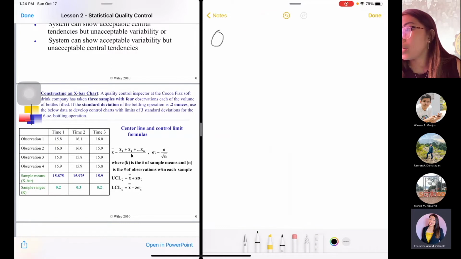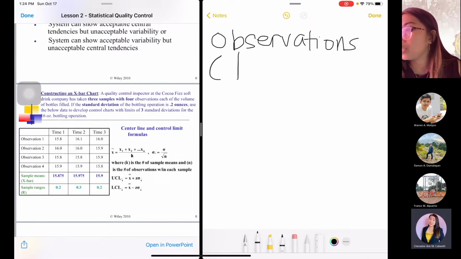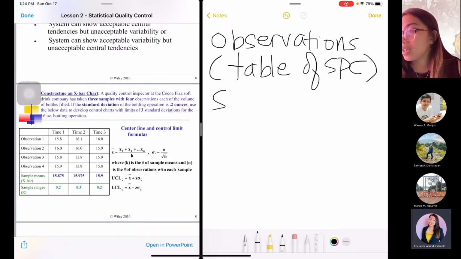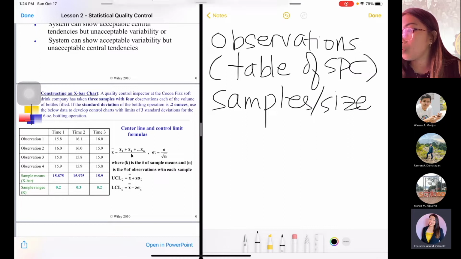So again, observations are our main concern to look for in the table of SPC. And the sample size is only used for the computation of your mean.